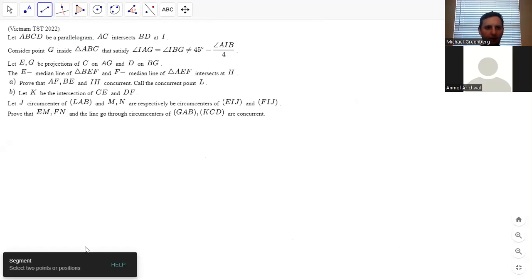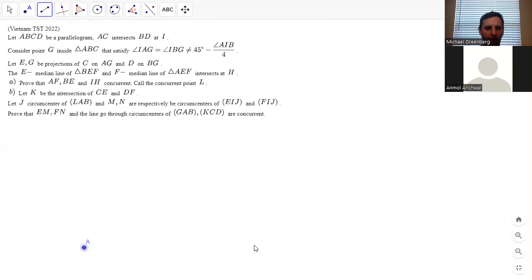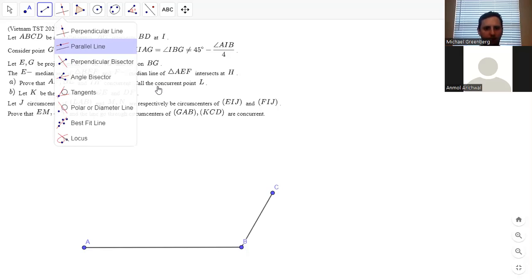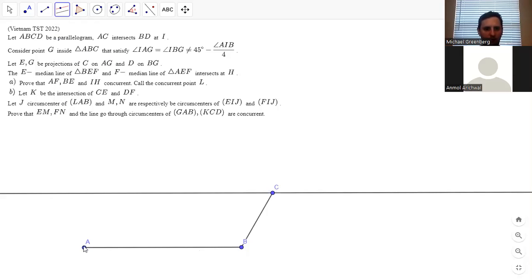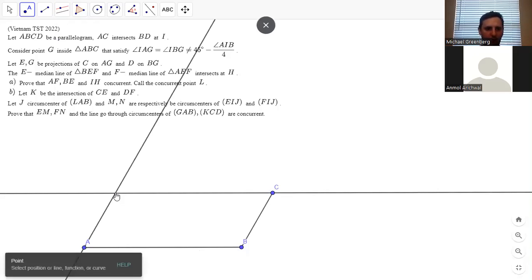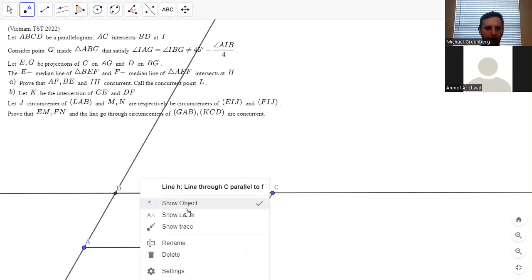So we have a parallelogram ABCD, and AC intersects BD at I. So that's going to be the center of the parallelogram, which is the midpoint of the diagonals.